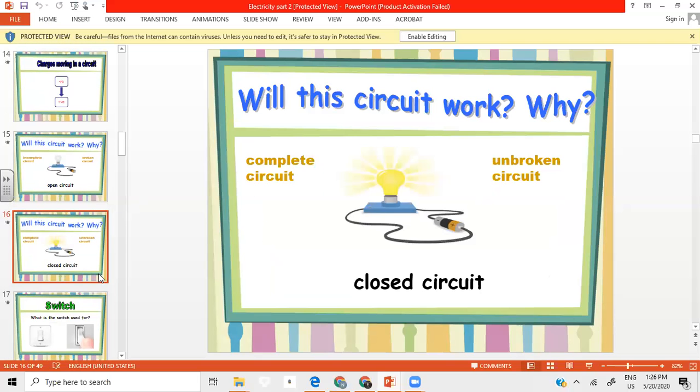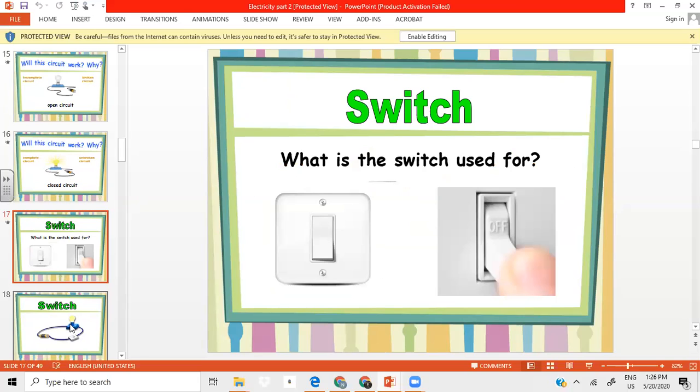Do you remember the switch? It makes us control the flowing of the charge inside the circuit that we did. We could add a switch in order to control it.